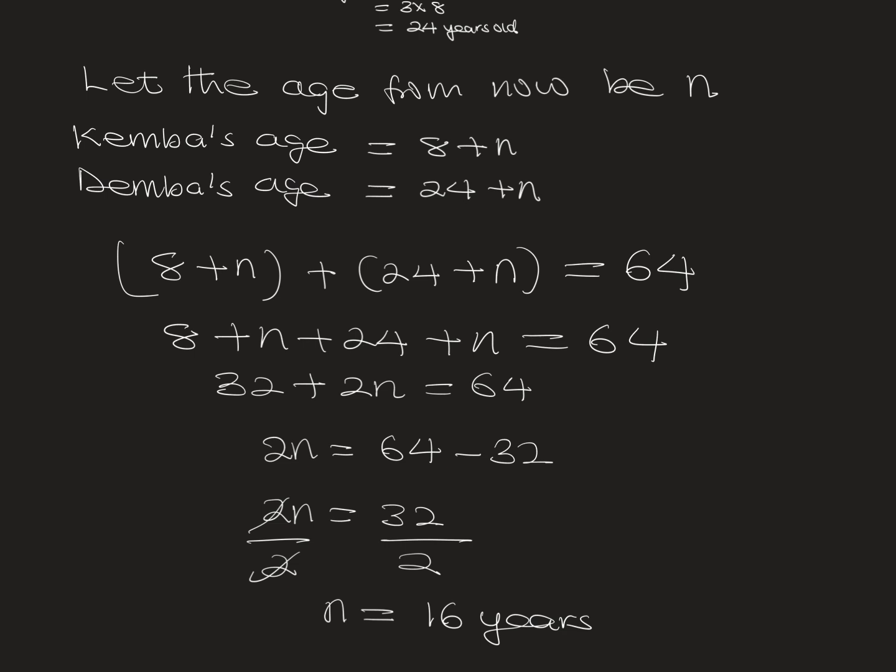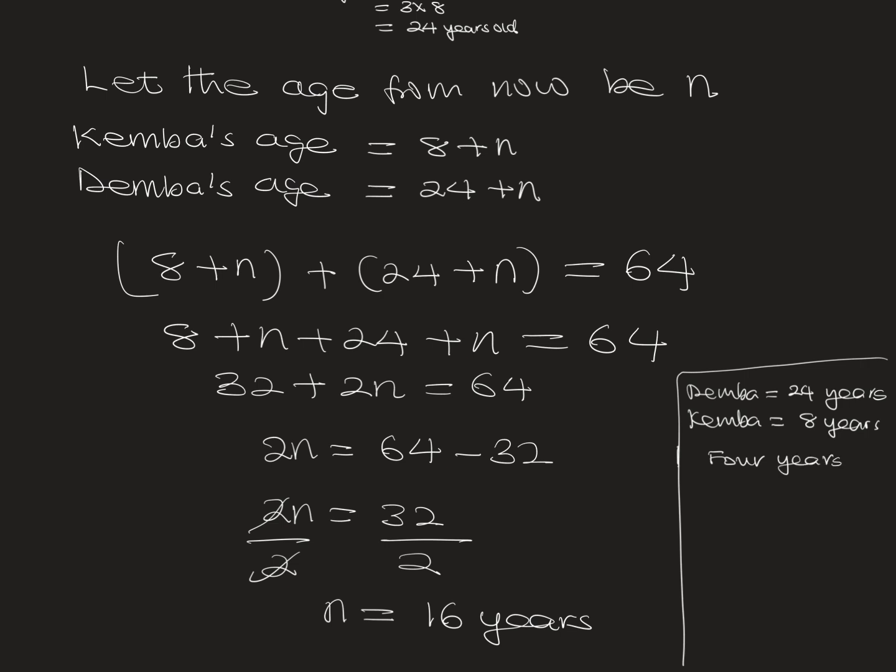All right? Now, to prove whether our answer is correct or wrong, we said that Demba is what? Is currently 24 years. Kemba is currently 8 years. So 4 years ago, what would be Demba's age?